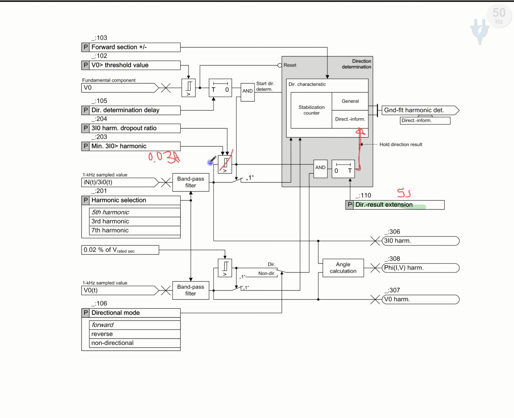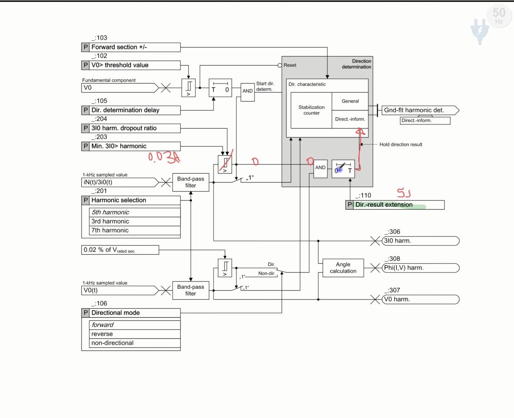When it falls below this threshold, the output of this comparison is 0, so this 0 will be supplied to the AND gate, and whether or not we have the output from the zero sequence voltage, the output will be 0, and this 0 will be supplied to the direction extension result.